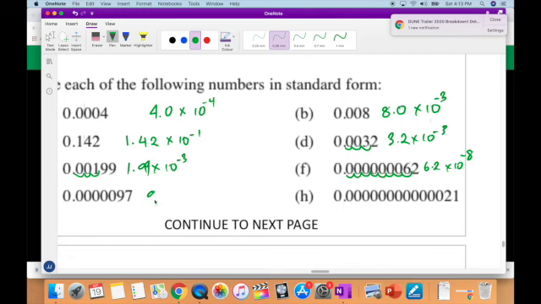This one will be 9.7 by 10 to the 1, 2, 3, 4, 5, 6, negative 6. Now this one will be 2.1 by 10 to the 1, 2, 3, 4, 5, 6, 7, 8, 9, 10, 11, 12, 13, negative 13.